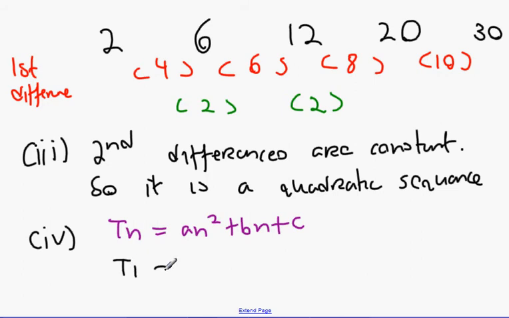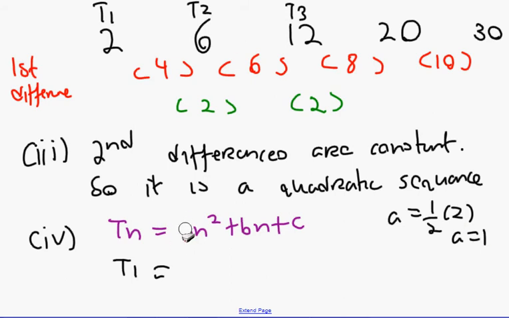T1 is the number 2, isn't it? And T2 is the number 6. So first of all, we have to figure out what A is. A is a half of 2. A therefore is 1. In that case, I can rub out the A, because A is 1.